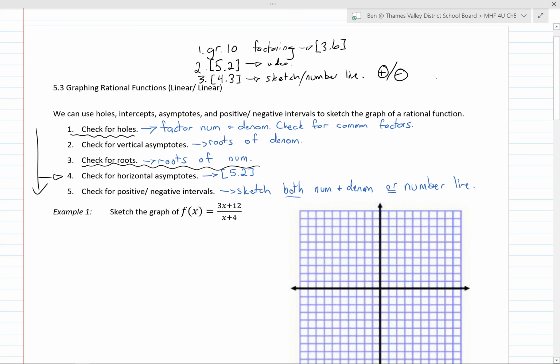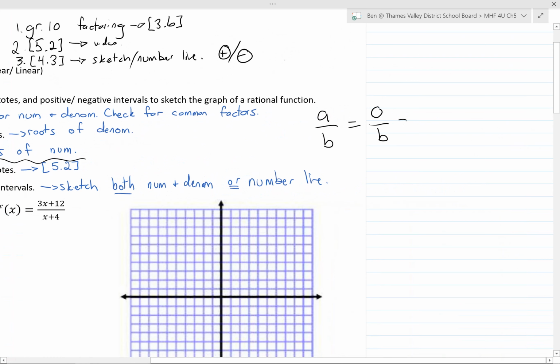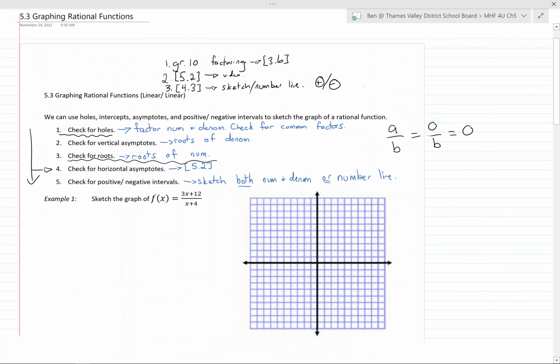If we think about how a fraction works, if our fraction is a over b, a is my numerator, b is my denominator. Well, if I set a equal to 0, then I have 0 over b, and my entire fraction will just equal 0. So it stands to reason that if my numerator equals 0, my entire function will equal 0.